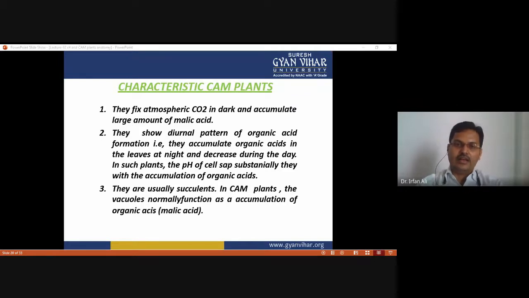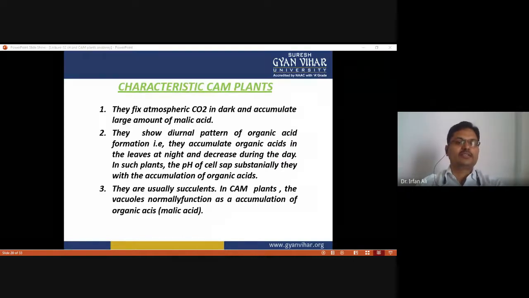Diurnal means a night time or daytime process. They accumulate organic acid in the leaf at night. So at night time fixation of carbon dioxide takes place and accumulation of organic acid takes place in the leaves, and it decreases during the daytime.